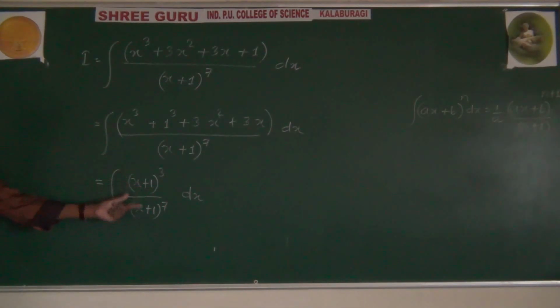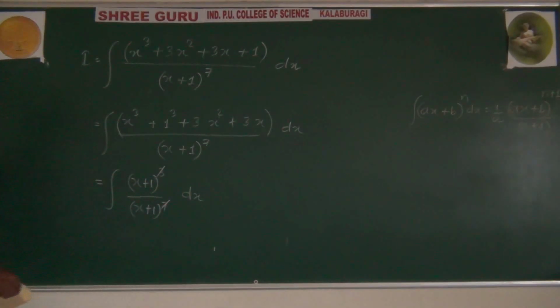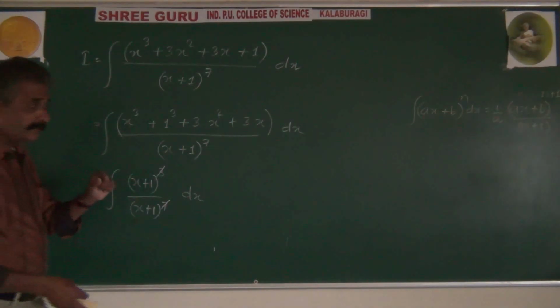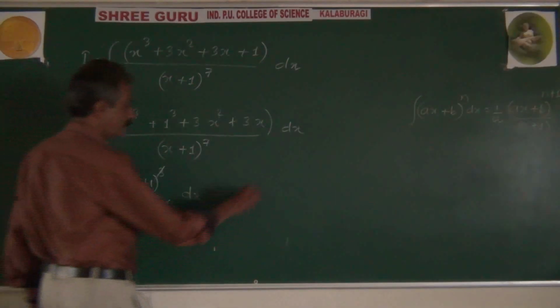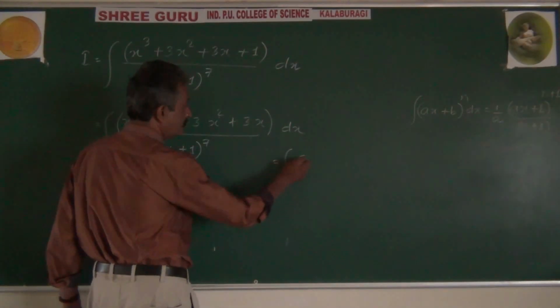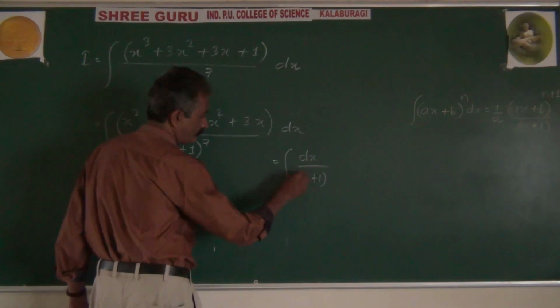So whole cube over power 7 means 3 factors cancel out, left is 1 by (x plus 1) power 4 in the denominator, which becomes (x plus 1) to the power minus 4 in the numerator. That is equal to integration dx by (x plus 1) power 4.